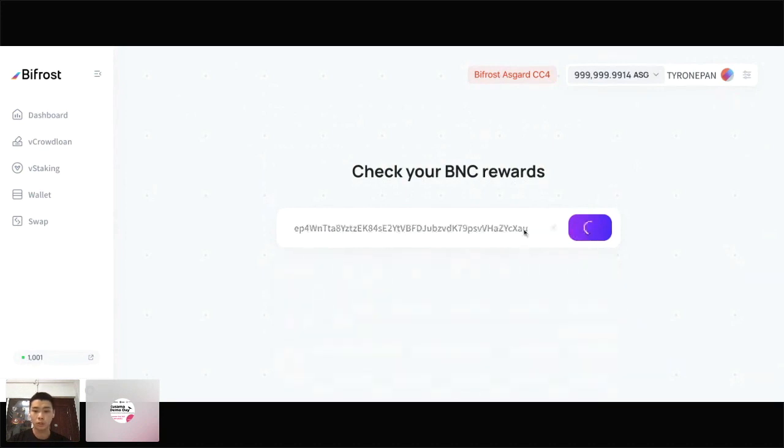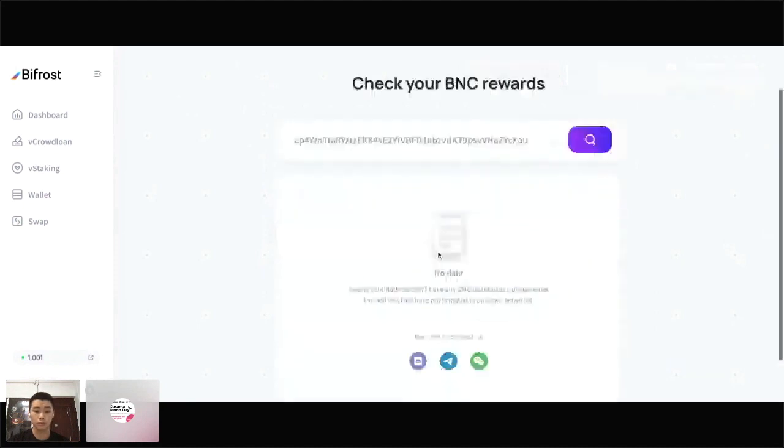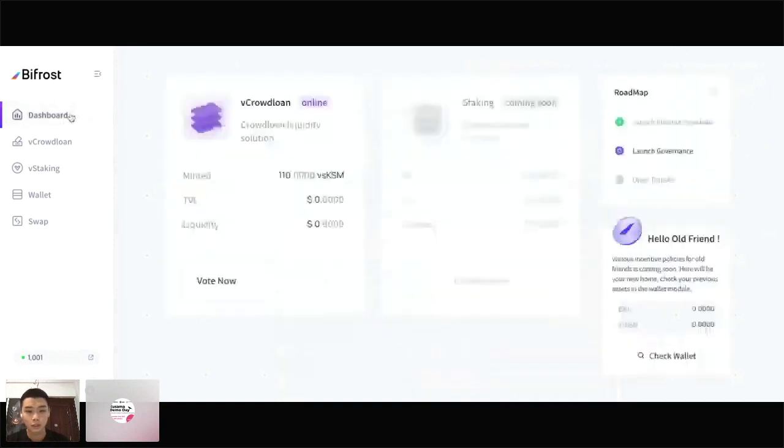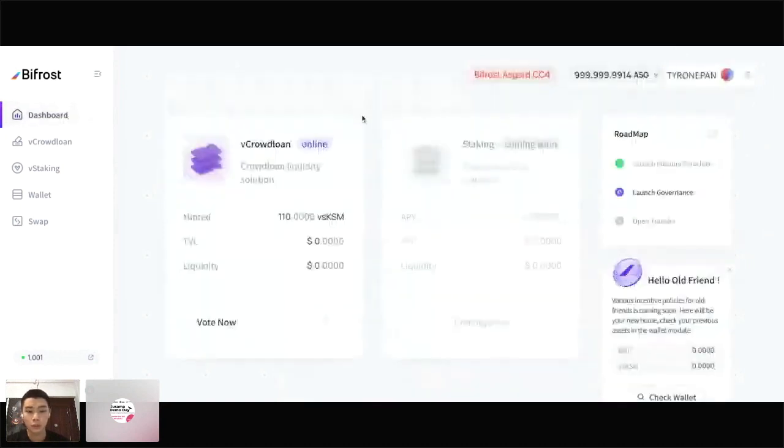So, if you check it, you can get a list of where you got the BNC. But naturally it's not for me, right? So let's go into the dashboard, and there are two main products that Bifrost actually built. The first one, V Crowdloan, is what we talked about.